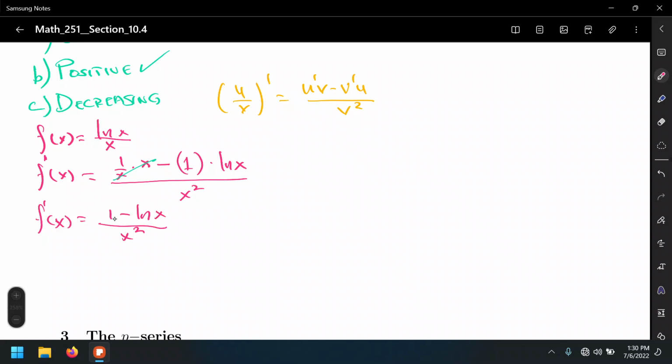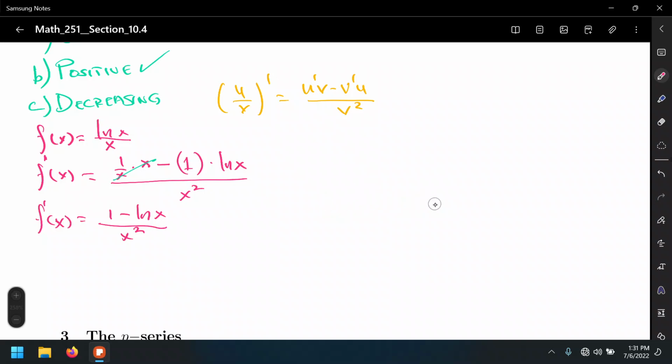Think of ln of a really big number. I mean, not even that big. For example, ln of e squared. Isn't this 2? But what's 1 minus 2? Negative 1. And that's actually the lowest bound in the series that we're working with, right? 2. So from that interval and on, all the values are negative.